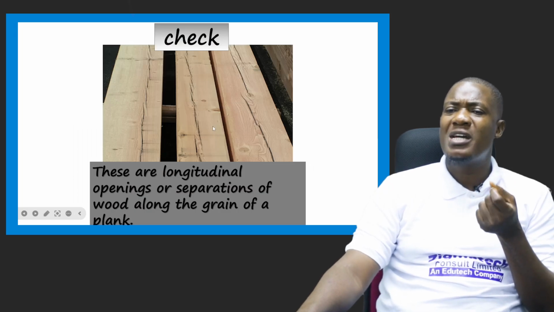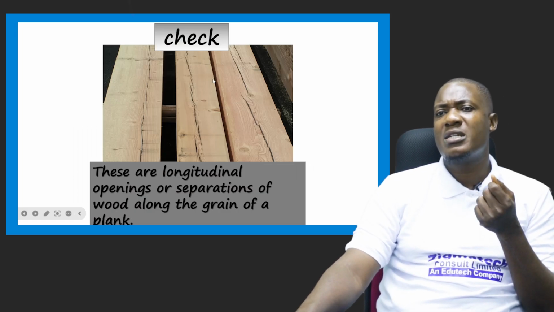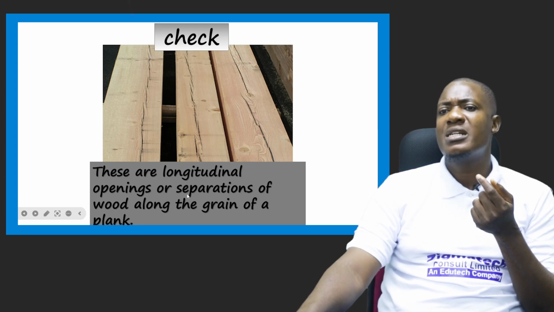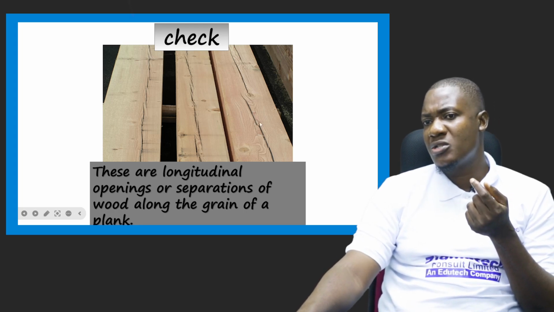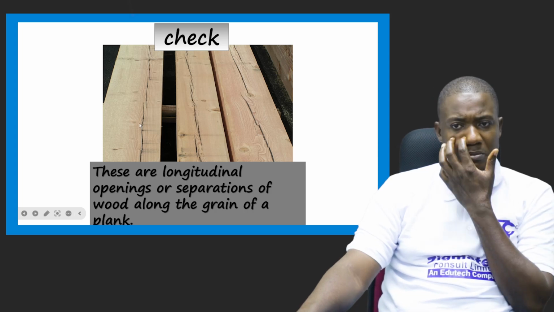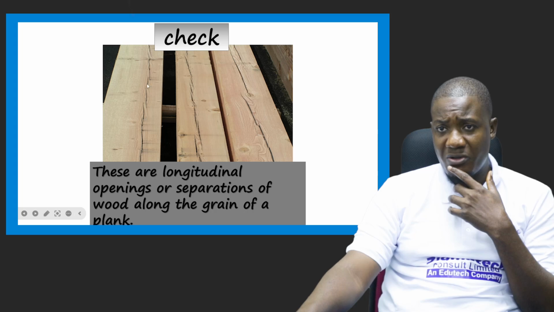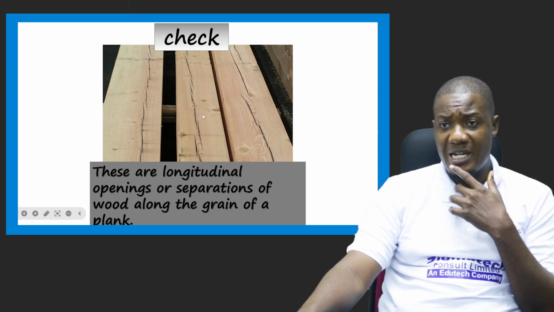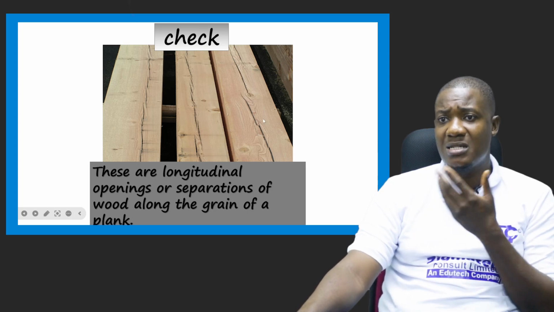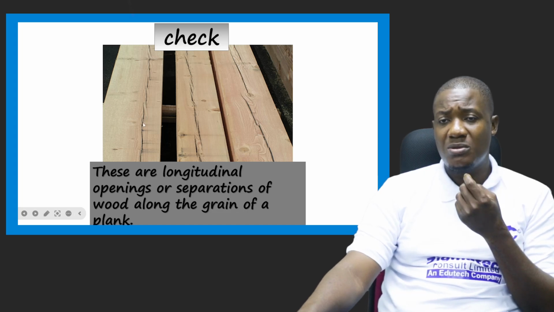We also have another artificial defect of timber that we call check. Can't you see that we have an opening in the longitudinal section of the timber? The opening along the grain, the longitudinal section of the grain of the timber, is called check. A timber like this can't be used for something reasonable.